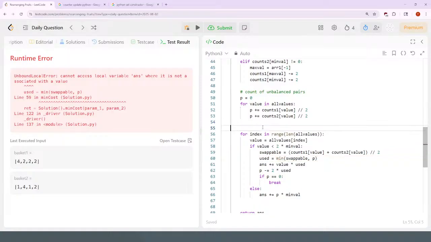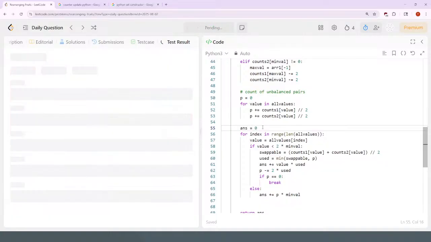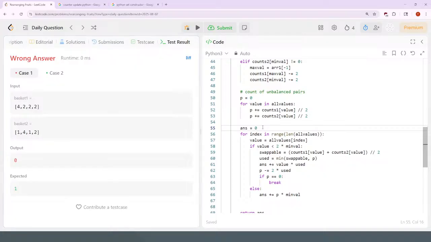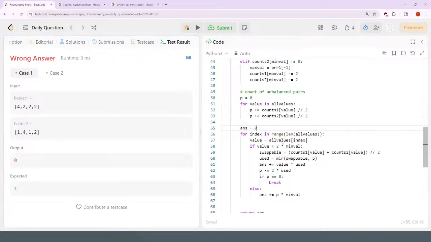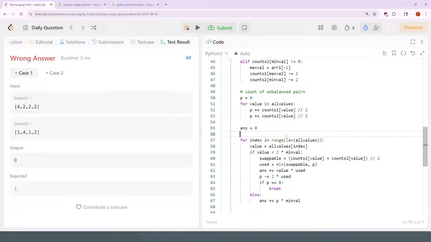Answer should be initialized to 0. Okay, let's just print out everything.